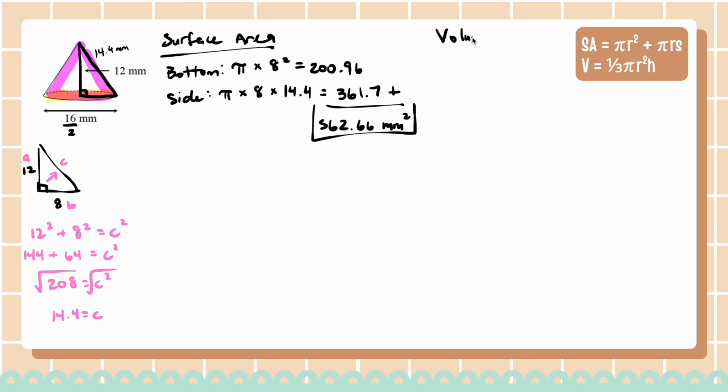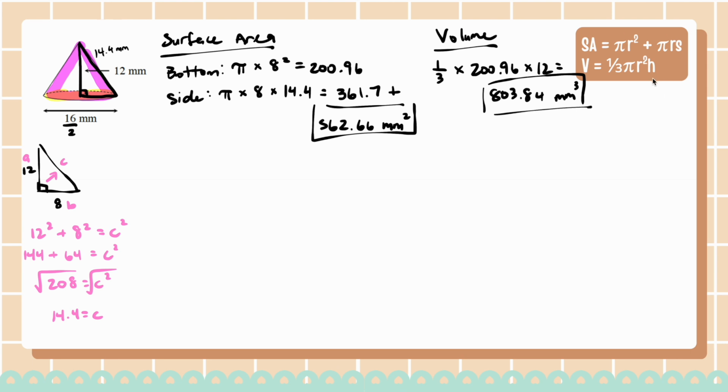Now for the volume, we're going to start off with 1/3 times the area of the base or the bottom, 200.96, and then times that by the height. We already had the height, which was 12. Multiplying all of this together is going to get me 803.84 millimeters cubed, and that's my volume.